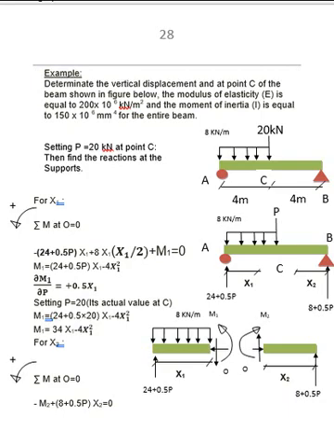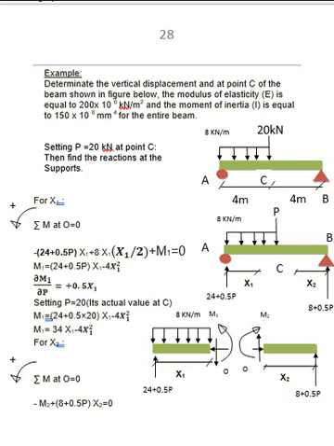Then you can find the reaction at support A and the reaction at support B as shown in the figure. Now we will divide the beam into two segments, x1 and x2.